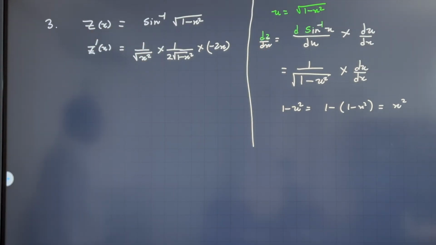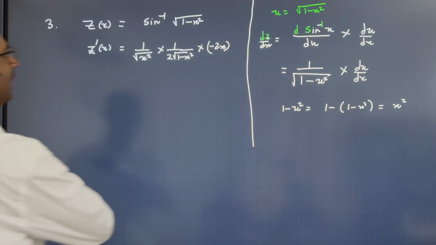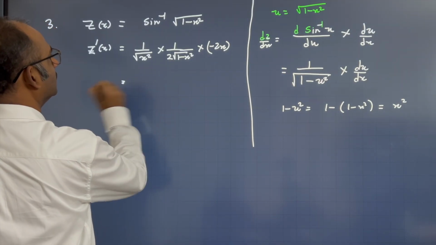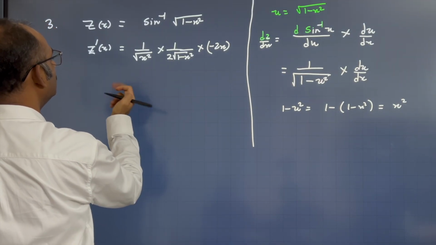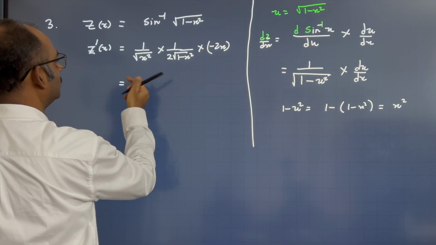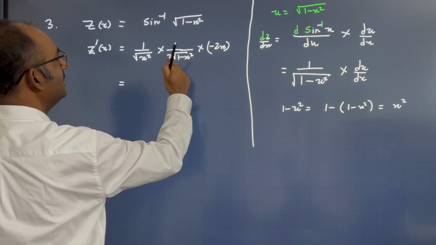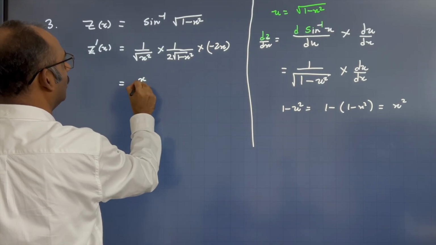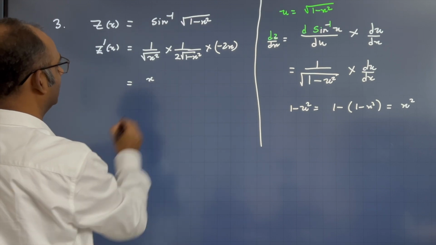Do you agree? Okay. So this is equal to, my 2 cancels. You have x over, what is happening?